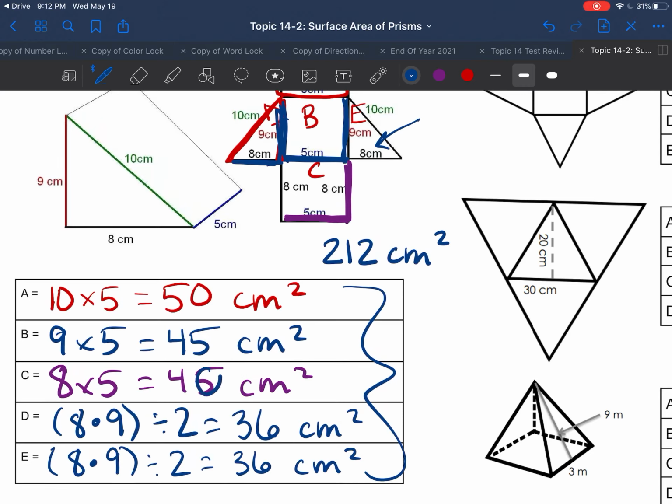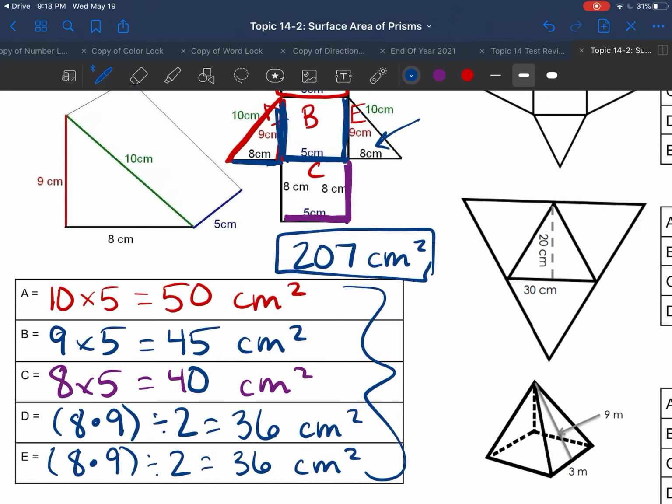This is actually supposed to be a 40. 8 times 5 is 40. Whoops, I actually made a mistake. 8 times 5 is not 45, it is 40. So if we were to add all these together, we would get 50 plus 45 plus 40 plus 36 plus 36 to get 207 centimeters squared as our total surface area.